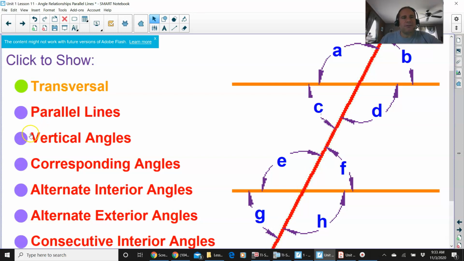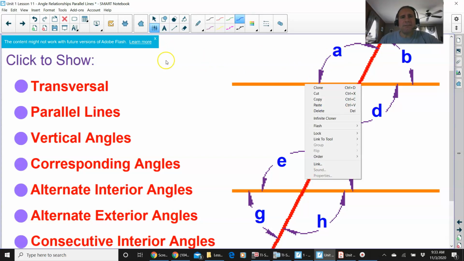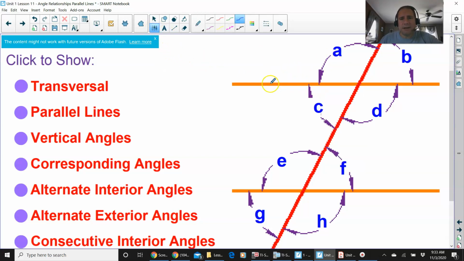Vertical angles are directly across from each other. And I think of it like this: if I take my pen and make this figure right here, to me that looks like a V. It's a weird V, but it's a V nonetheless. Then if I make another V, it's upside down and weird as well.